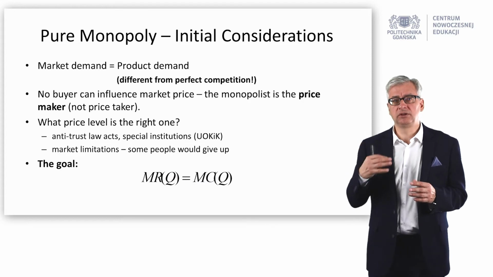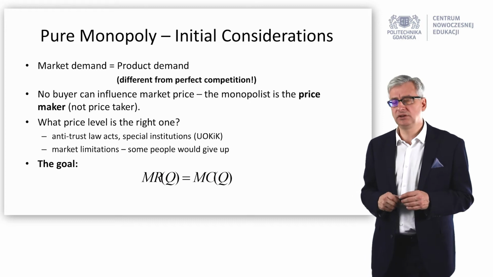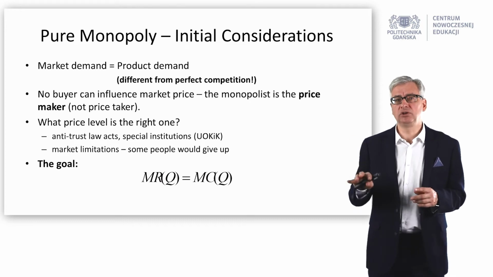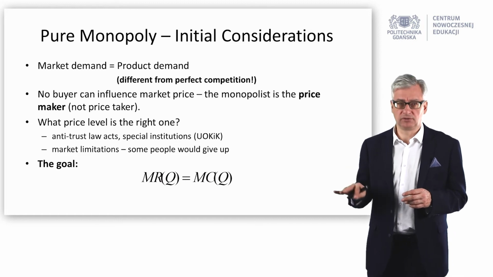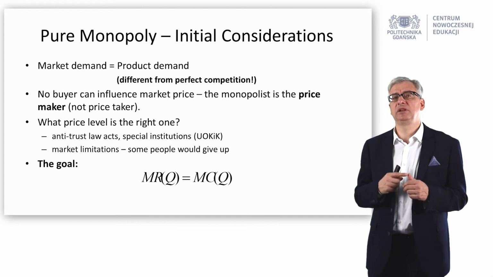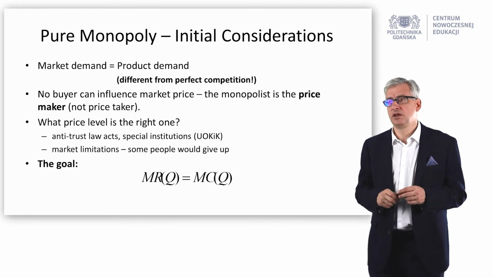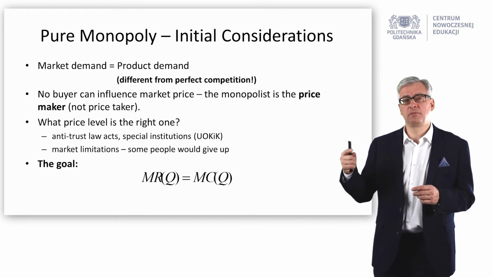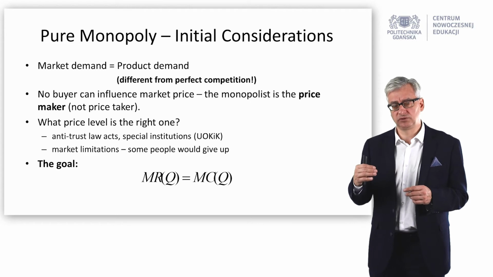And when there are some monopolistic businesses, some monopolistic industries, they monitor those markets very carefully. So the monopolist may have some limitations when it comes to pricing strategy, coming from some regulatory bodies, coming from some institutions.